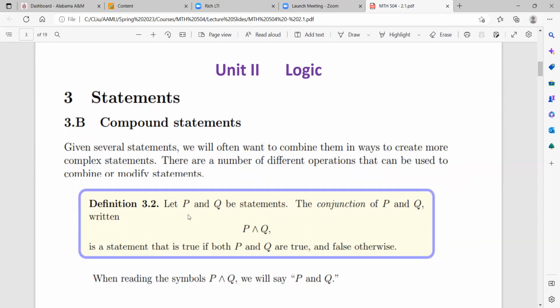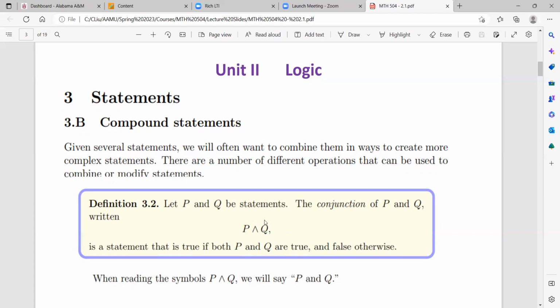Suppose we have two statements, P and Q. What is the conjunction of P and Q? You use a notation like the intersection symbol between P and Q to mean the conjunction of P and Q, and it gives another statement.